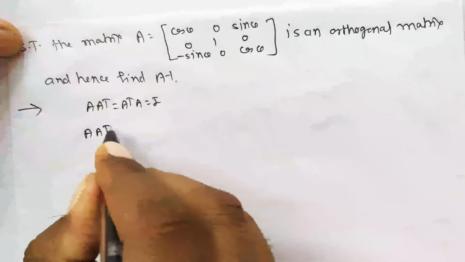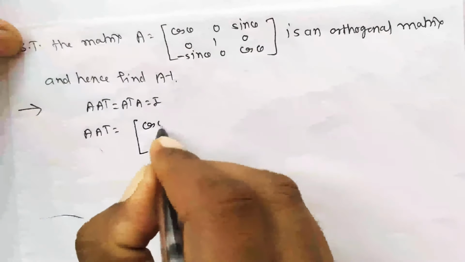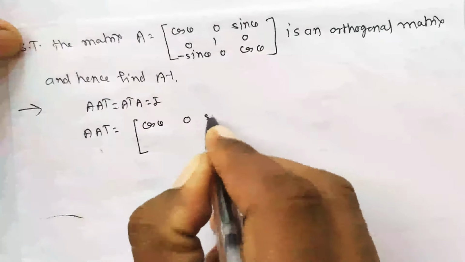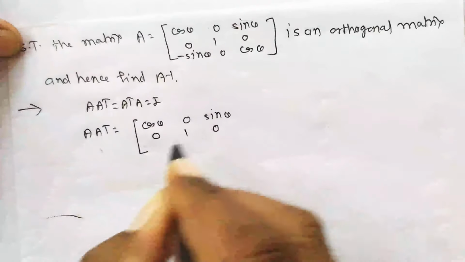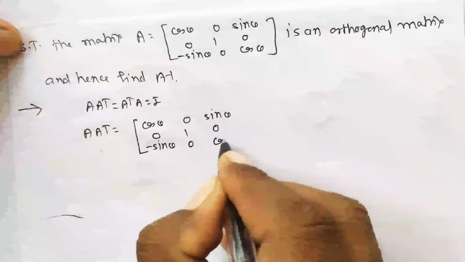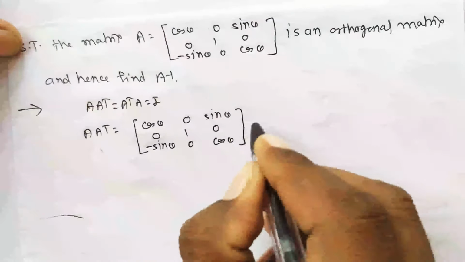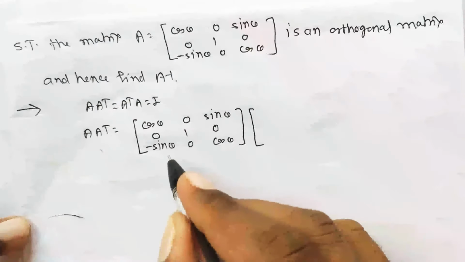So A into A transpose is equal to, write down first matrix A as it is, that is cos theta 0 sin theta, then second row is 0 1 0, third row is minus sin theta 0 cos theta, into A transpose. A transpose means write down transpose of this matrix. So how do we write transpose?